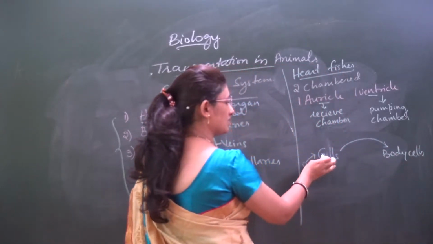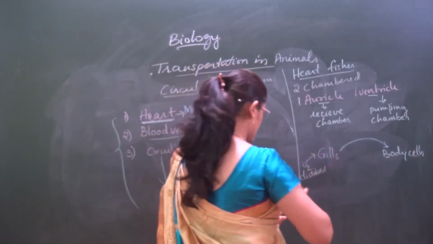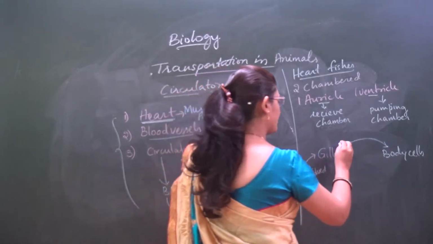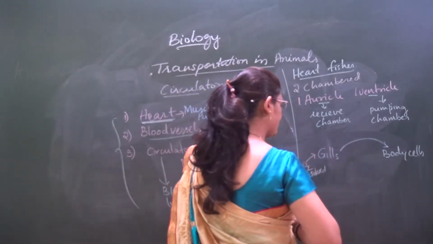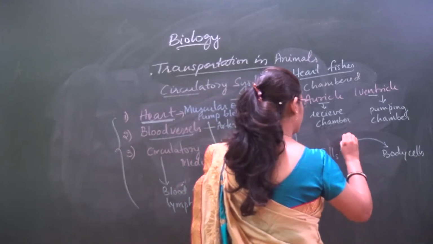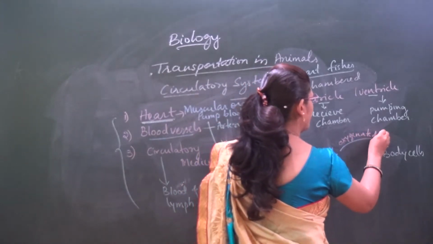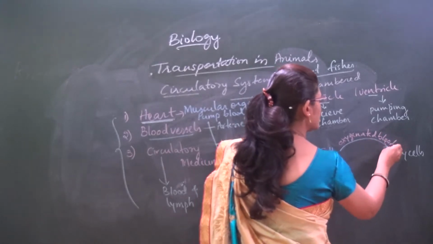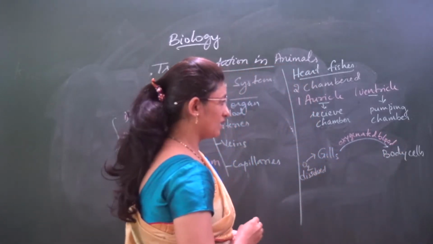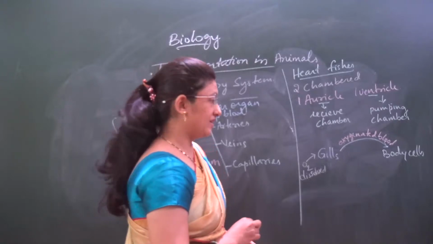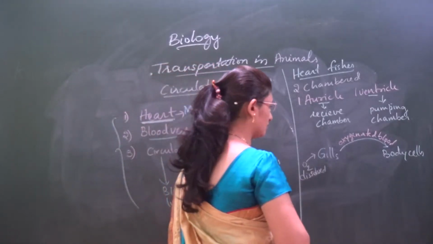From the gills, the oxygen, that is oxygenated blood, is taken up to the body cells. All the cellular activities are carried out.